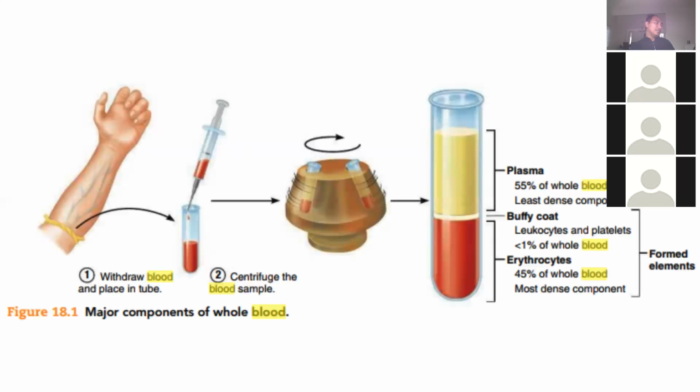So let's say I take out somebody's blood. With a venous tourniquet, the veins become engorged because the blood cannot flow back to the heart. Stick a needle in, take some blood out, put it in the tube, and put it into the centrifuge, and this is what we are going to get.